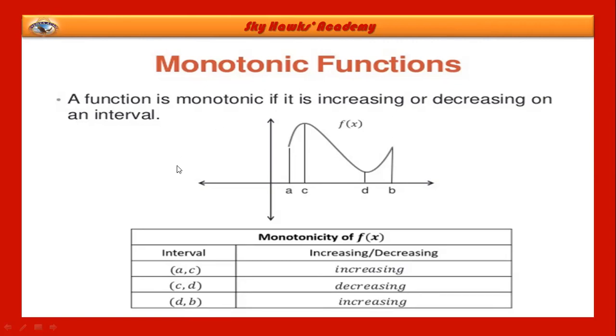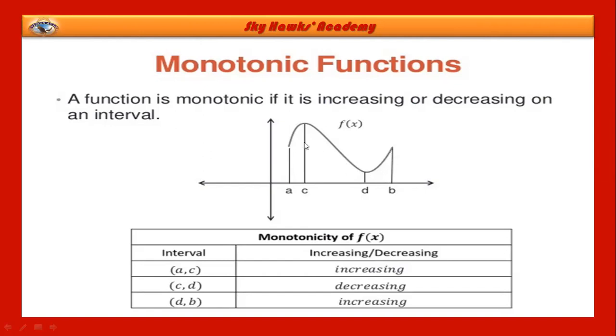So in this way, within the given domain, the function is sometimes going up, coming down, and then going up. So decreasing, increasing. That type of function is called a monotonic function. If the sketch or graph is given and you are asked to find the nature of the function, you will have to clearly look at the shape, the tracing or plotting of this function.